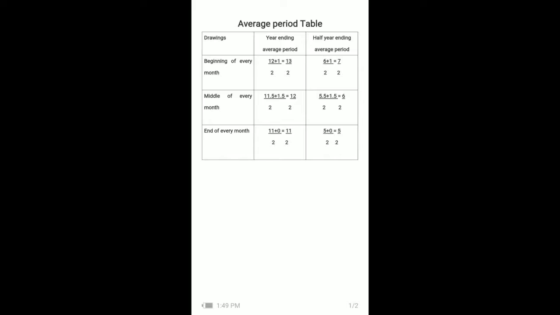When it is half year ending, it's 7, 6 and 5. So this is going to be divided by 2. This is how we are going to consider it. So let us see how the problems are going to be and how we are going to solve them. It's very simple. So let us move on to the next.